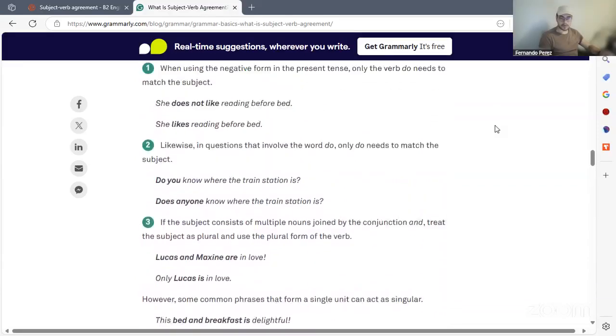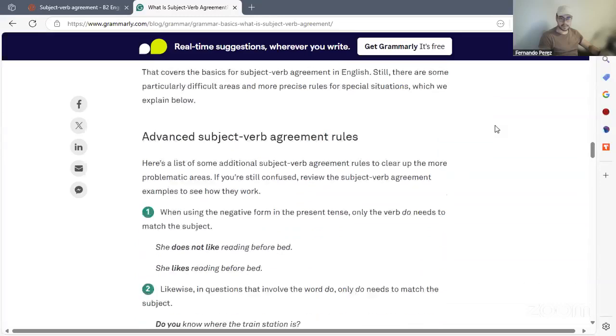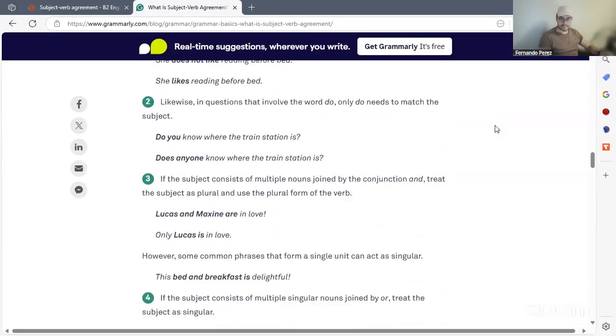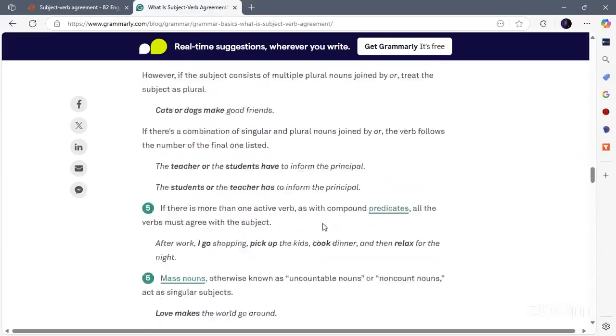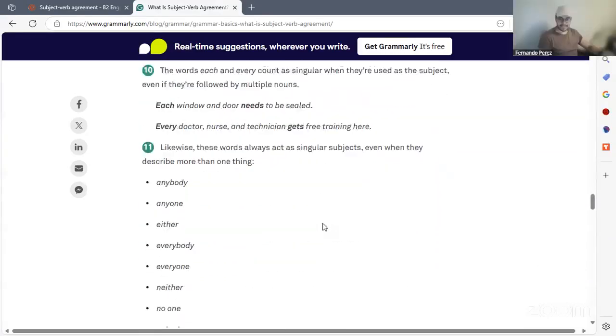This is the rule that applies to the example. Lucas and Maxine, because there are two people, we use are. Also, let me find another that has all.